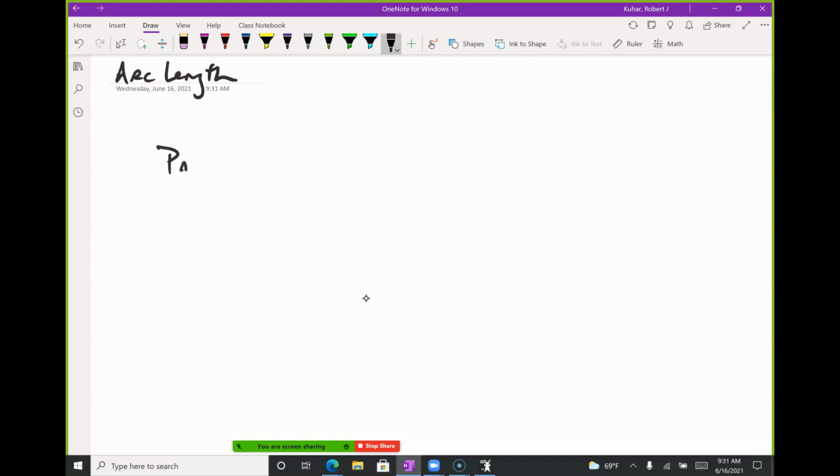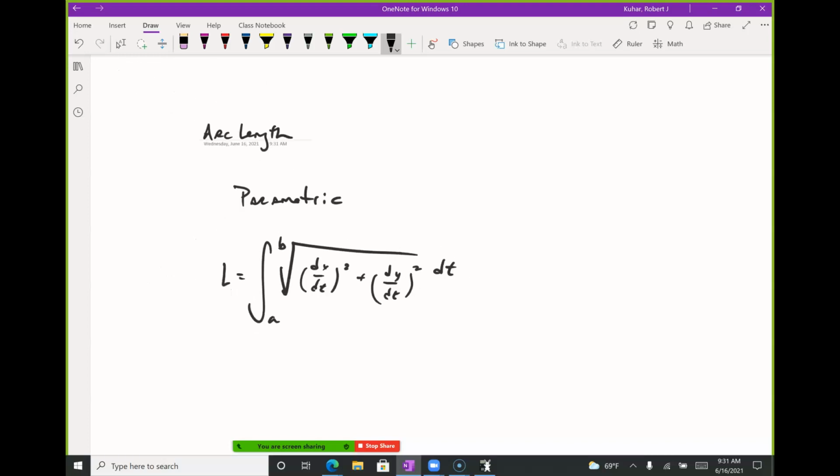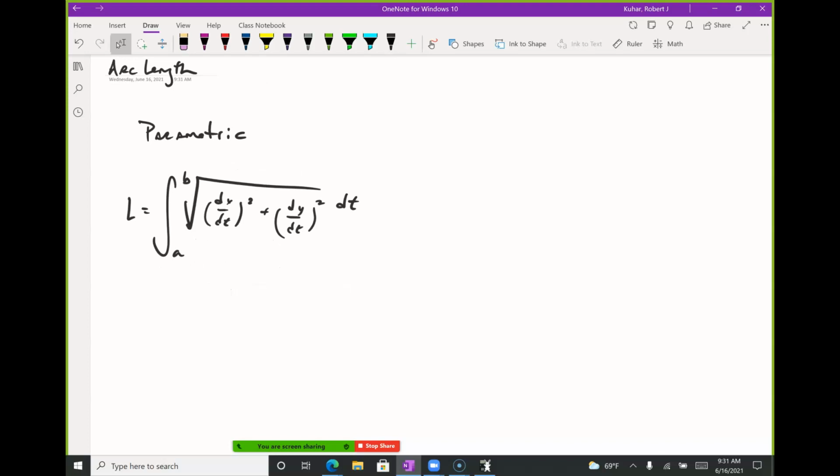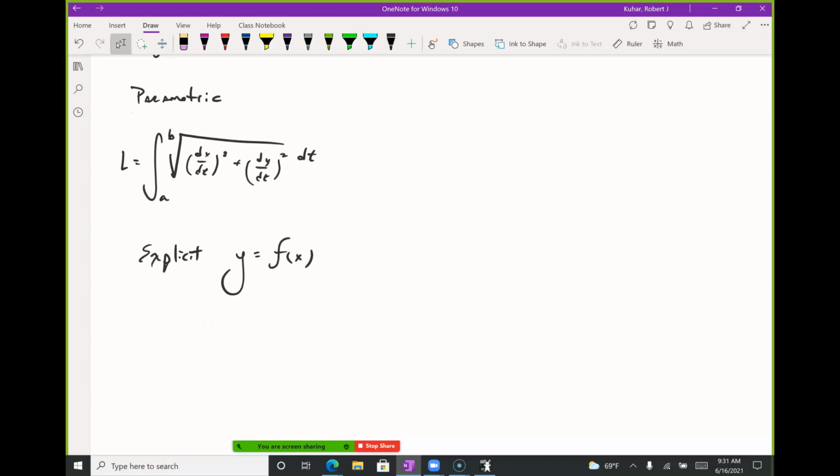So for parametric, right? Our arc length was the integral from a to b of the square root of dx dt squared plus dy dt squared dt. And for our explicit, or y equals f of x, I can cheat this, right?